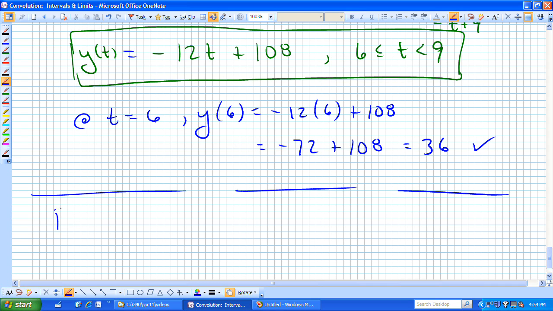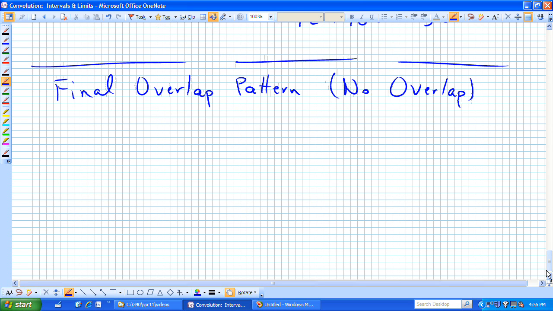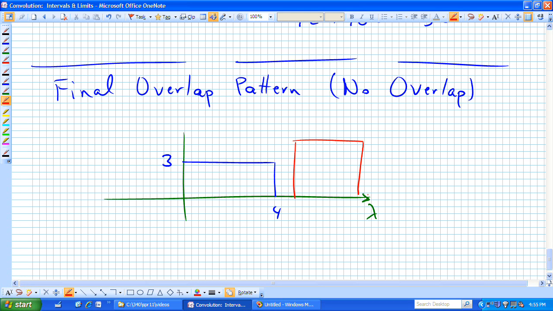We now have our final overlap pattern, and like the one that we started with, this is actually when we have no overlap. Now t minus 5 is going to slide beyond h when it's non-zero. Here is our h of lambda. We now have x of t minus lambda.